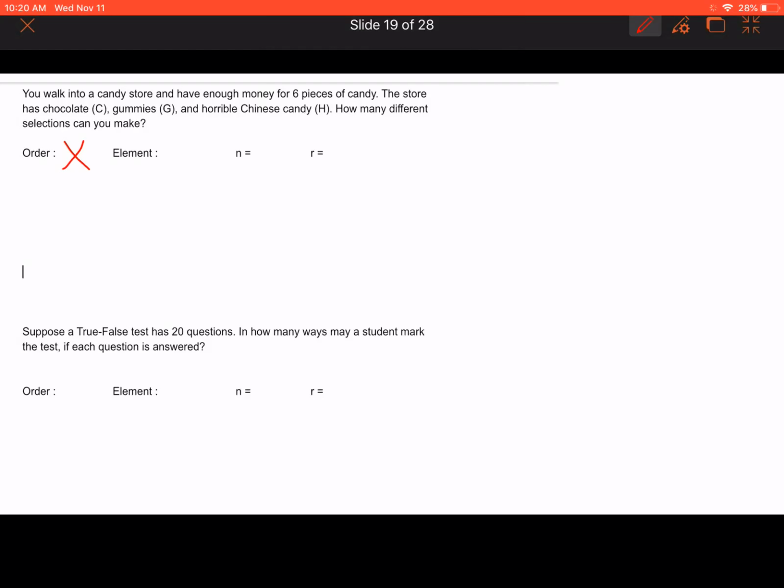We are having 3 types of candies and we have to pick 6 pieces out of it, right? So naturally we can understand that there is a need for repetitiveness so that we can accomplish the 6 pieces of candies. So the repetition is there.